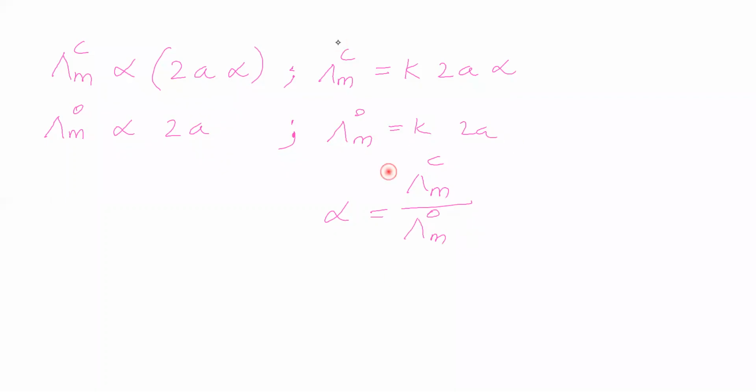Alpha, the degree of dissociation, is equal to lambda m c, the molar conductivity at a given concentration, divided by lambda m naught, the molar conductivity at zero concentration. Zero concentration means infinitely diluted solution.